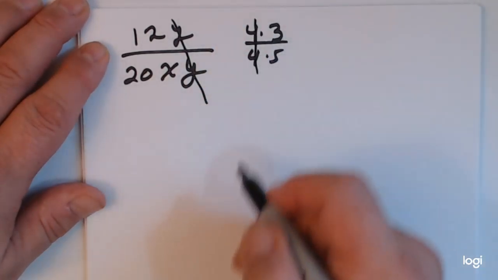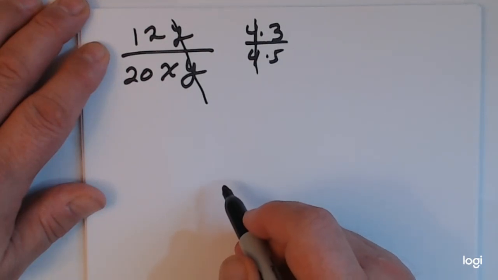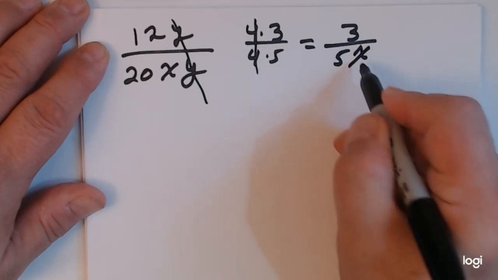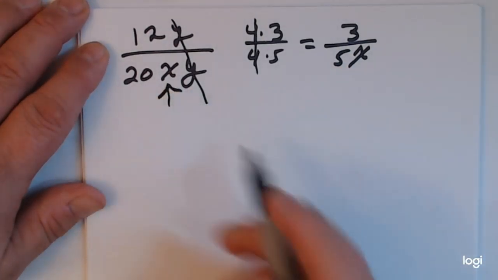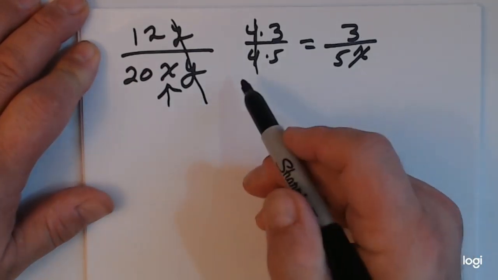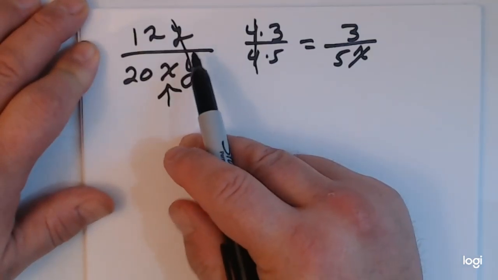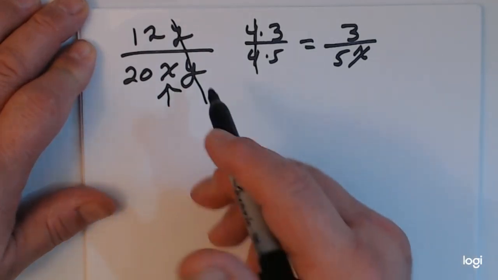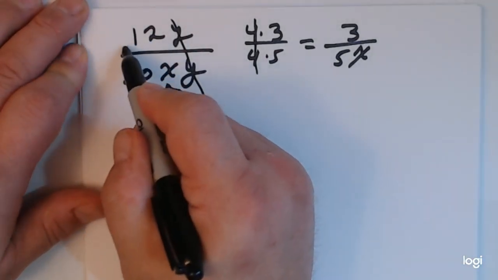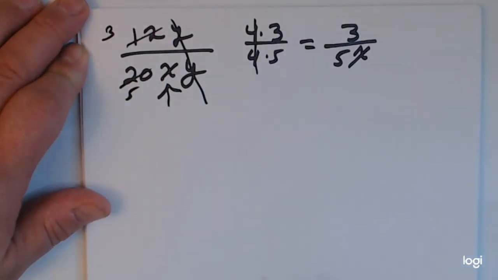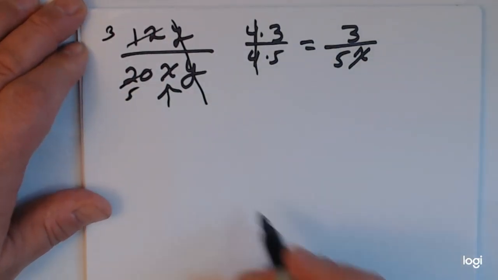So the 4's can cancel, and that's going to leave us with 3 over 5x. Remember, we still had that x here that didn't cancel with anything. So what we did was we got a greatest common factor here, 4. So 4 goes into 12 3 times, it goes into 20 5 times. So we're left with 3 over 5x.